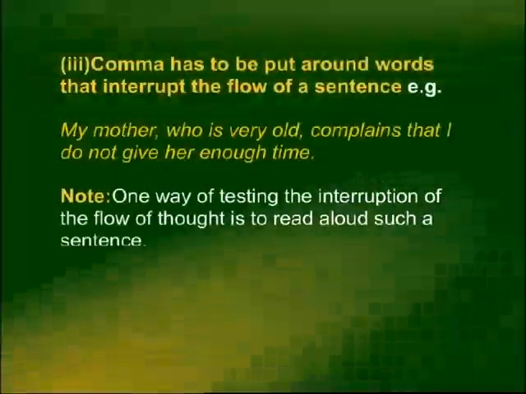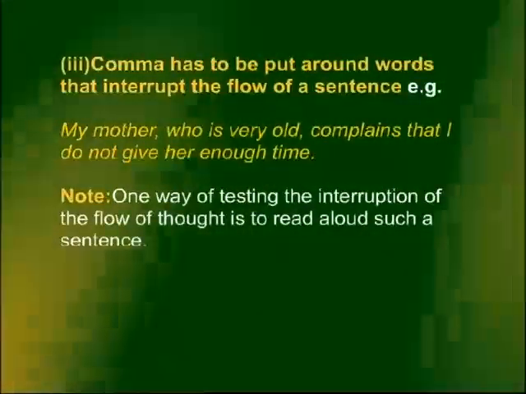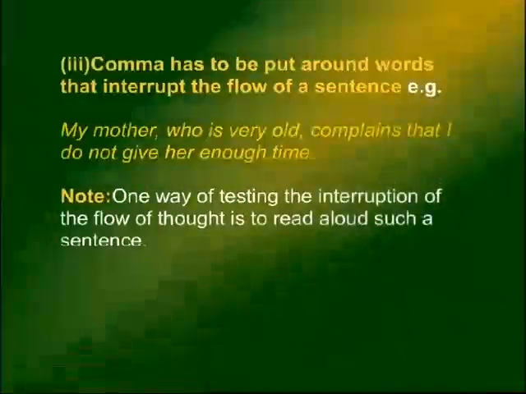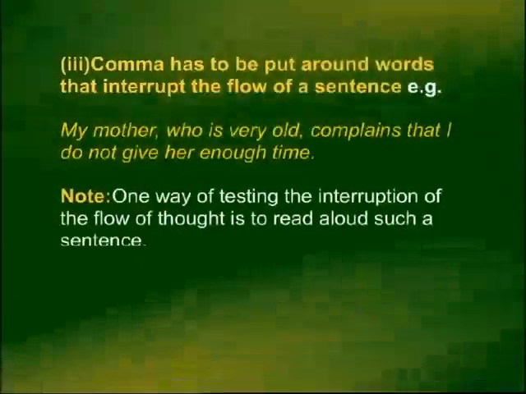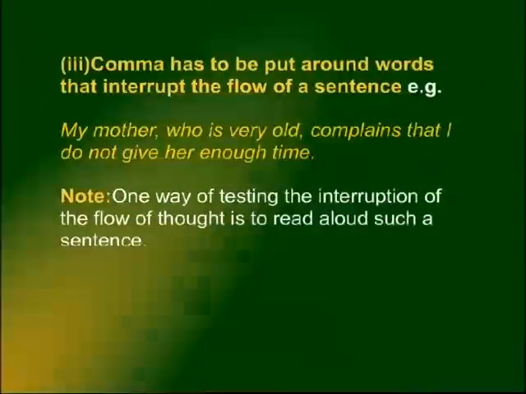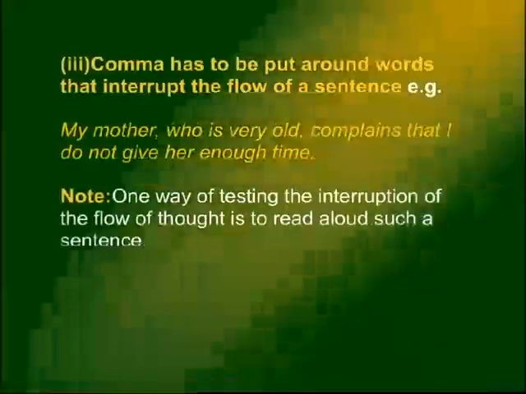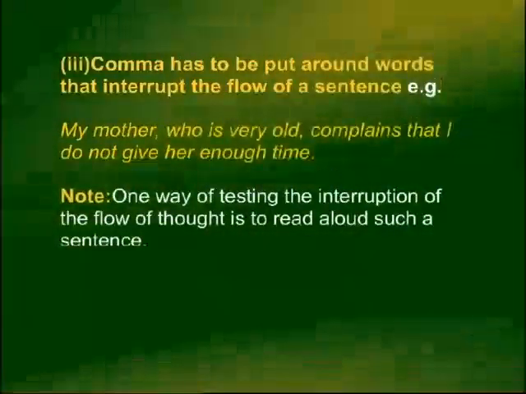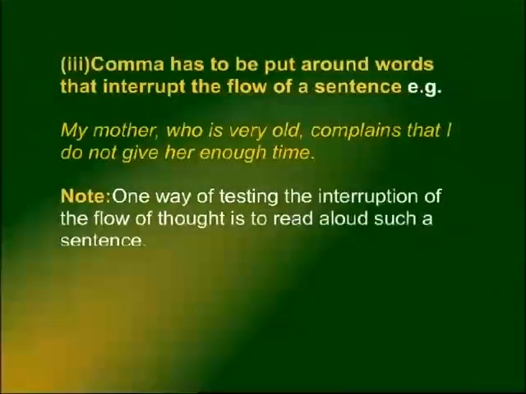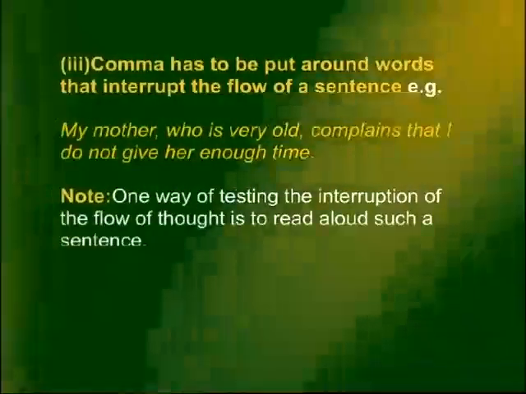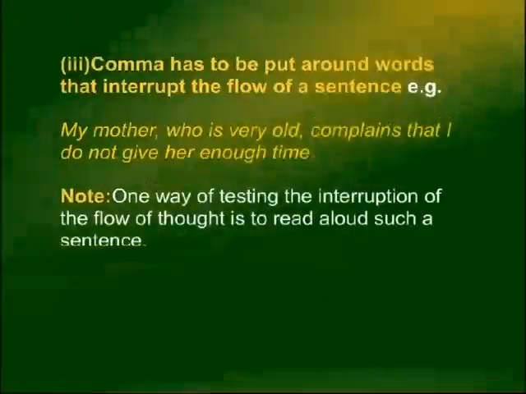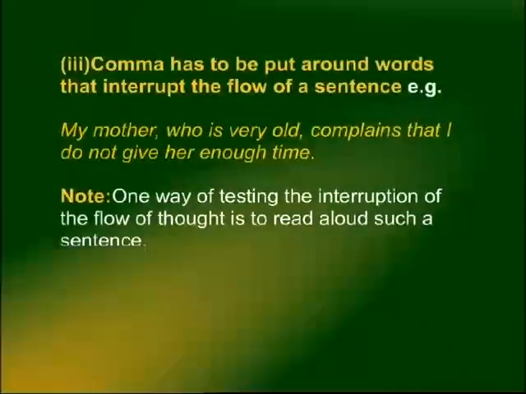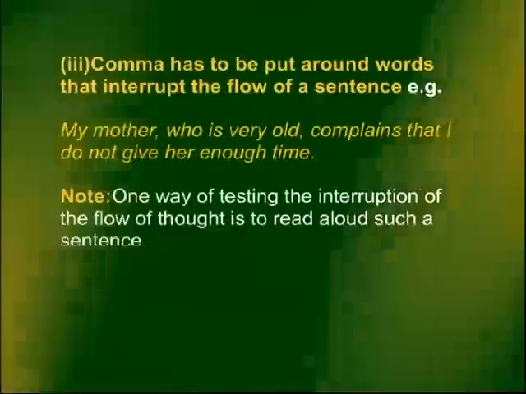And you notice that the words who is very old interrupt the flow of thought. This is added information, so you always set off this kind of information by commas. You have a comma before the phrase and after the phrase.